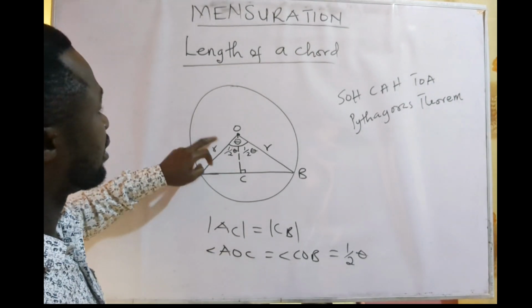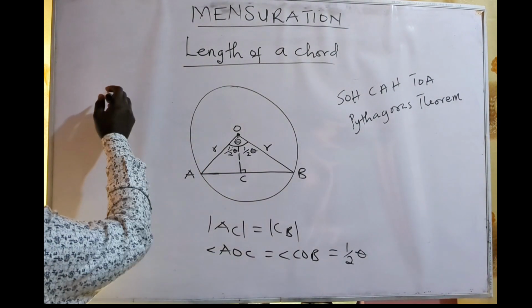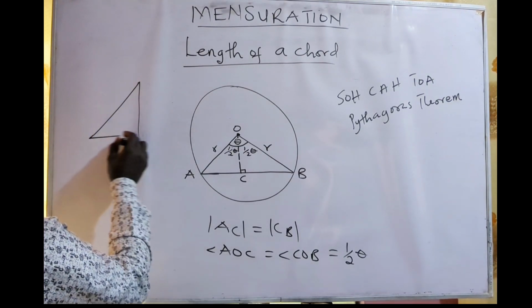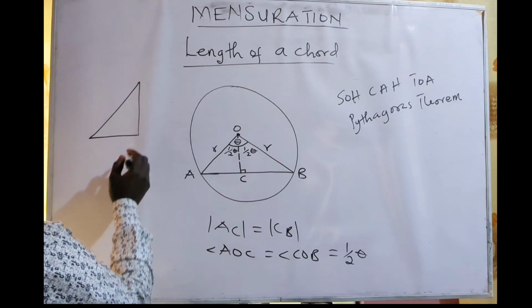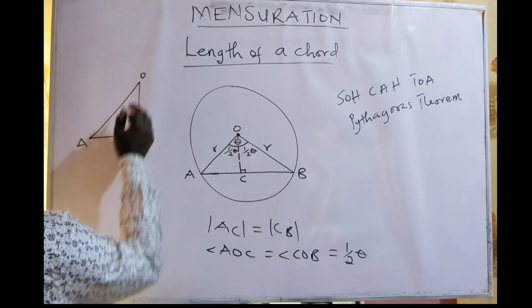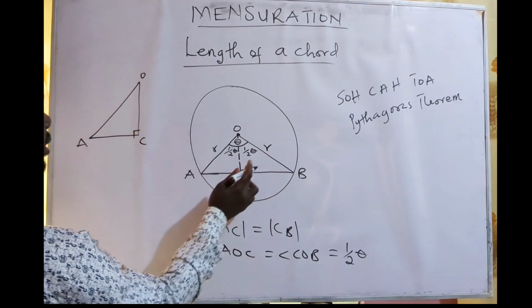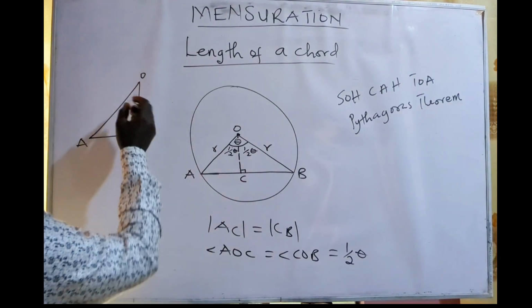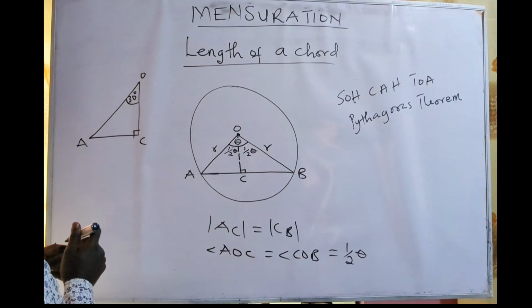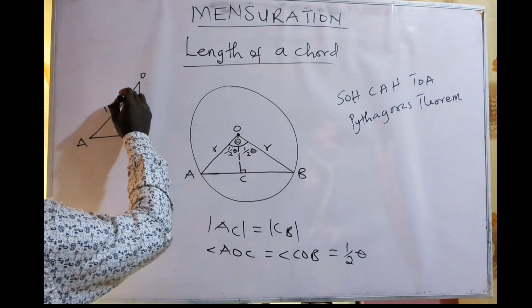So if I have the radius and I have the angle, let's assume triangle AOC. Here is 90, here is 90. And let's assume that my angle here is 30 degrees, and I'm given the radius as 10 centimeters.